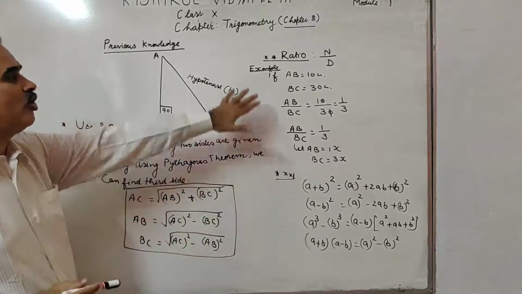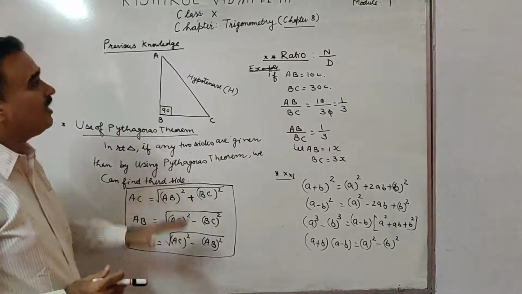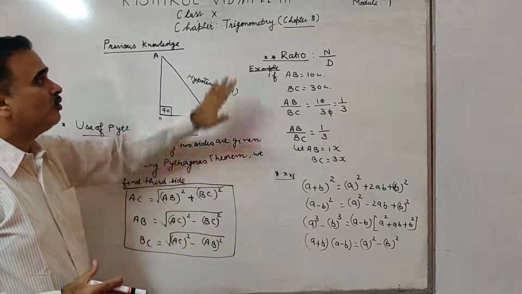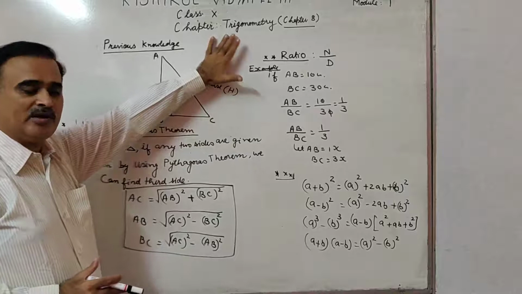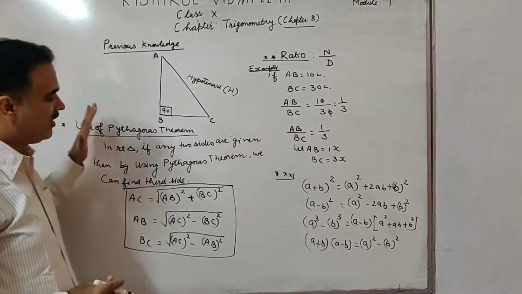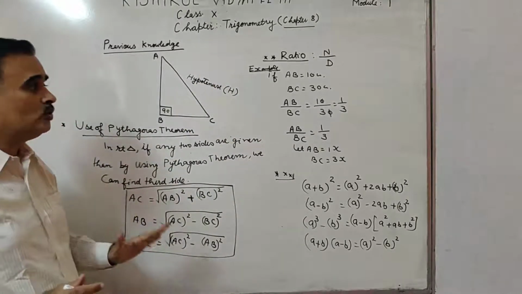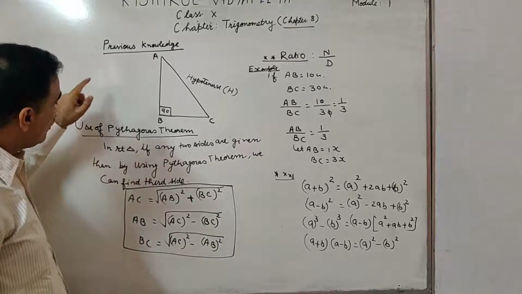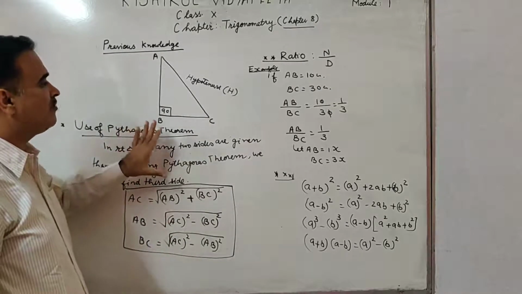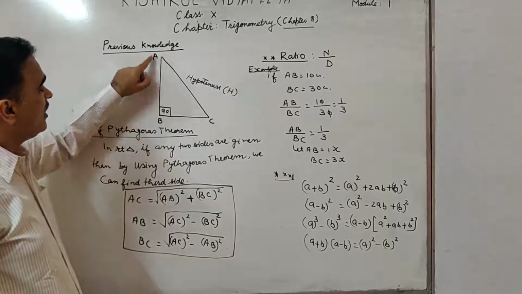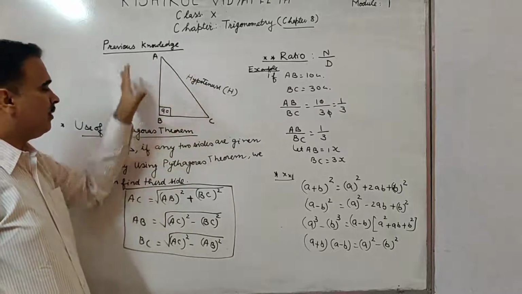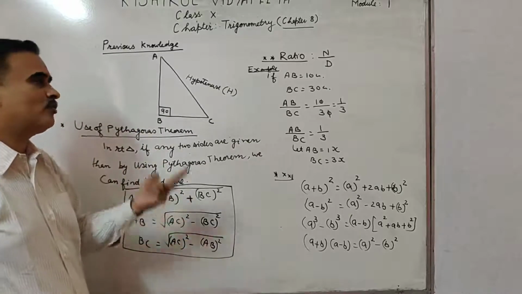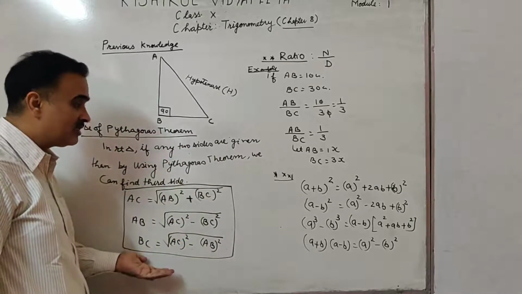These things are not related only to trigonometry, but they are required for starting trigonometry. So my dear friends, I think you understood how to use these basics. First of all, I am telling again, in right triangle we can use Pythagoras theorem. If two sides have been given, then we can find the third side.